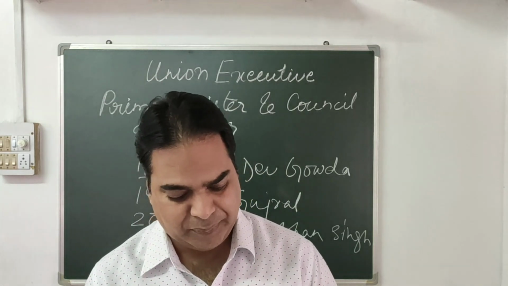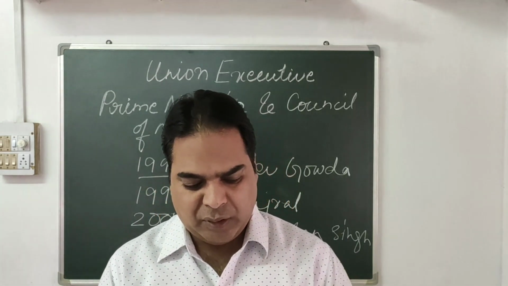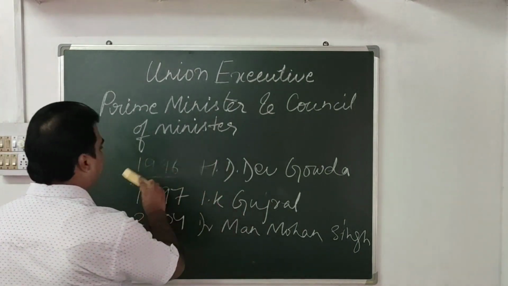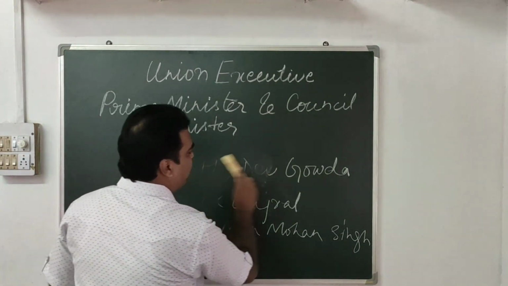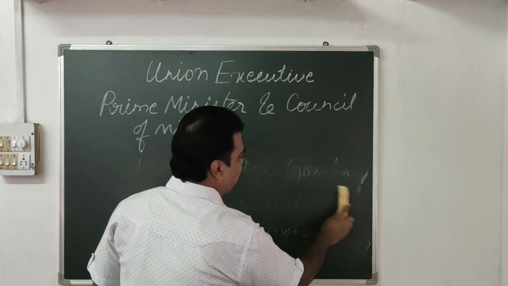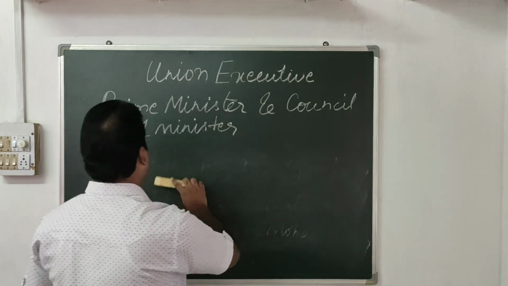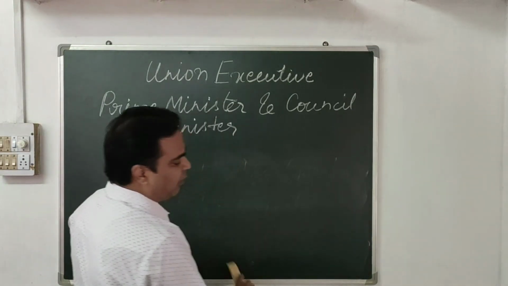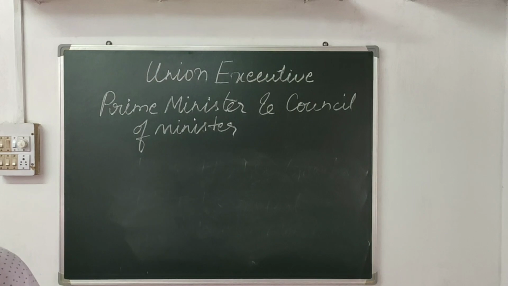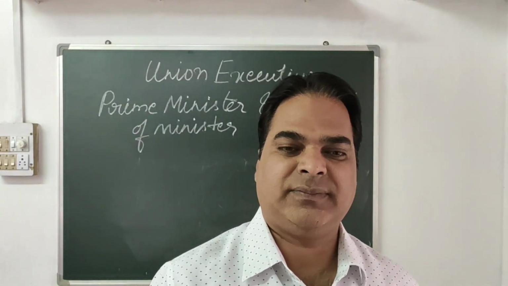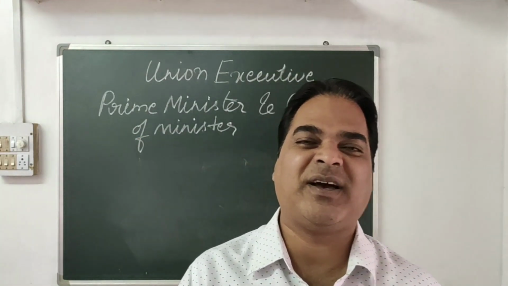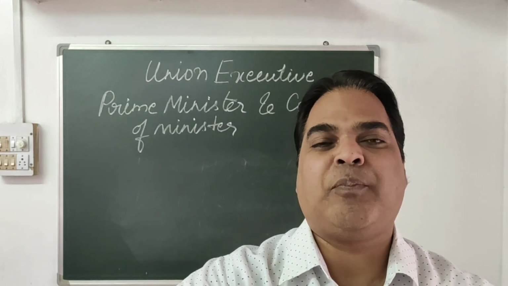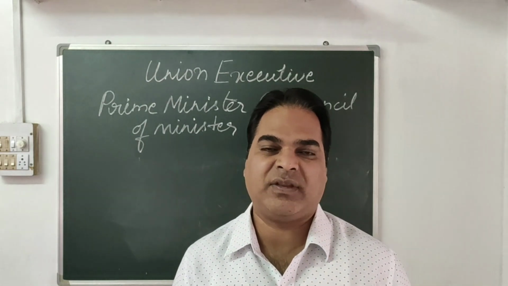Now, next one is formation of Council of Ministers. Let me tell you, it is decided who is going to be the finance minister, who is going to be the railway minister, who is going to be the home minister. Everything is decided by our Prime Minister. So the undisputed right to distribute or allocate portfolios is in the hand of the Prime Minister.